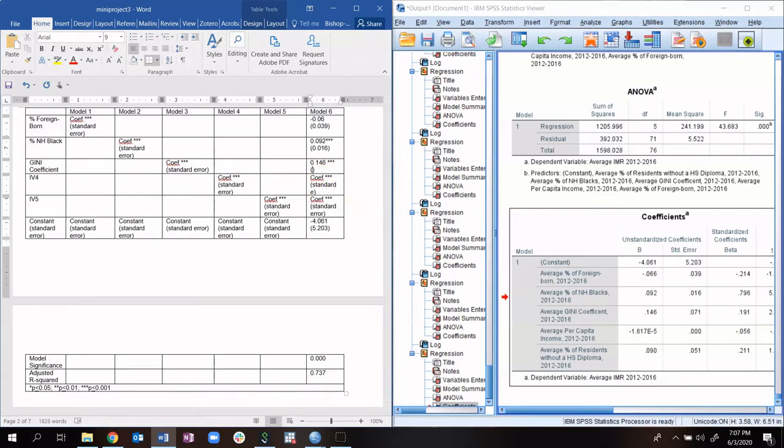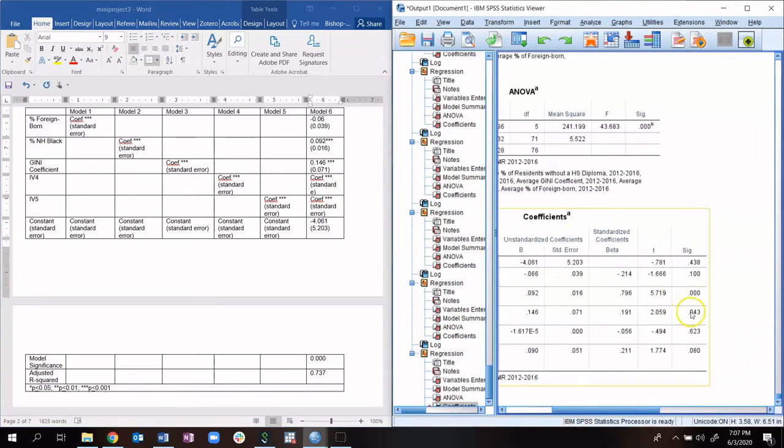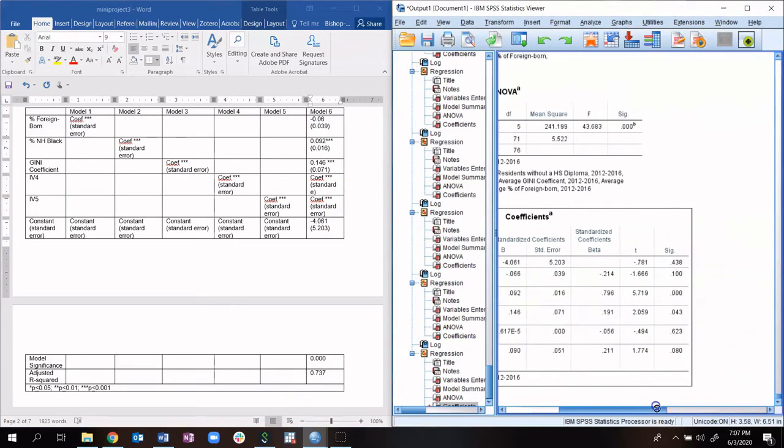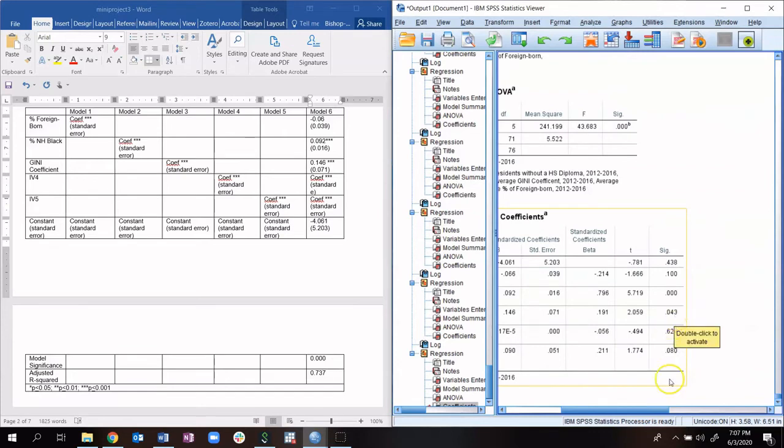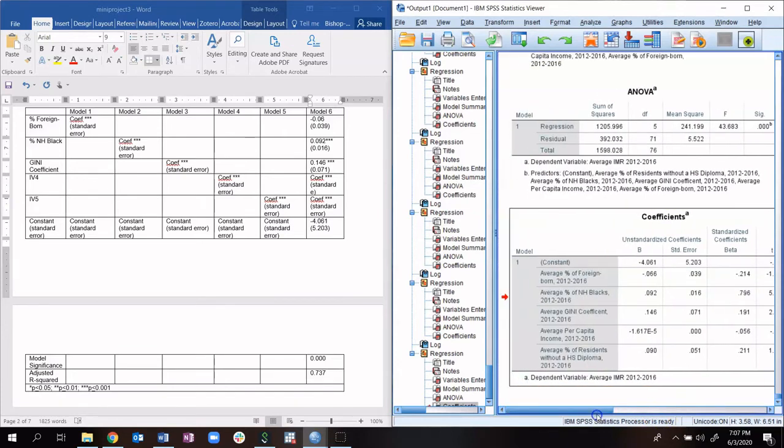The standard error for 0.146 would be 0.71. All right, and then we're going to double check. The Gini coefficient was significant at the 0.04 level. So that's less than 0.05, so it's only going to get 1 star. Again, we're basing that on the bottom row of this table.